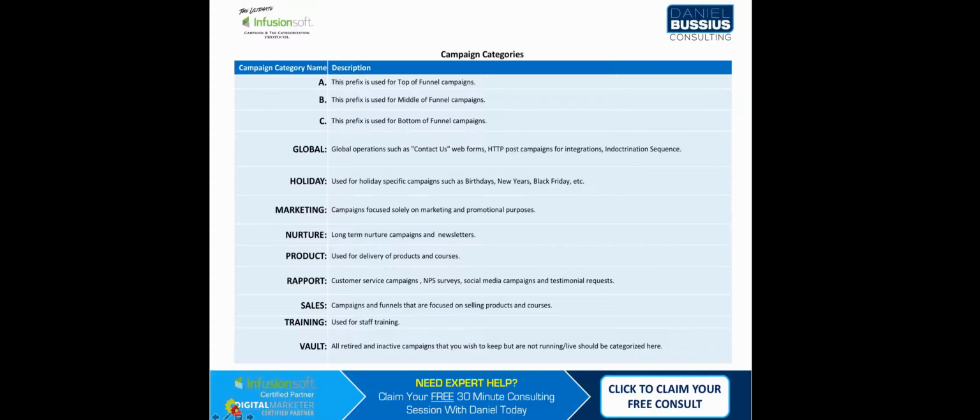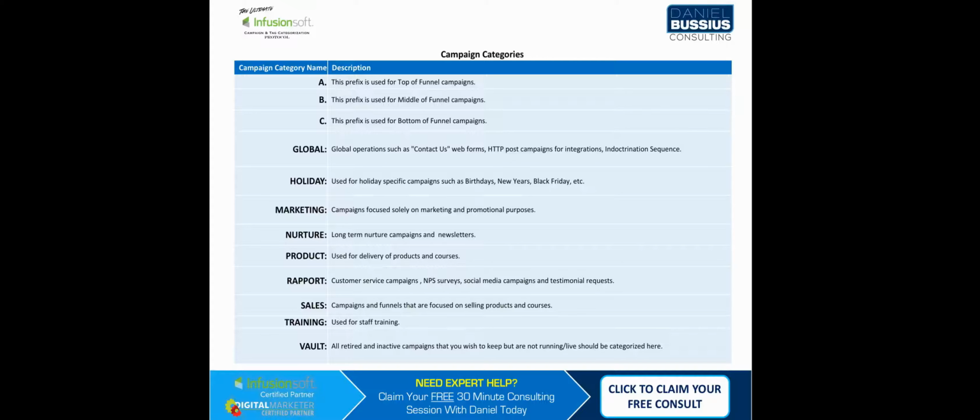So let's get to global. Global is a campaign category name that I want you to use for global operations in your application. A couple examples might be contact us web forms. If you've got your Infusionsoft web forms attached to your website for your contact us pages, for all intents and purposes, that can fall under the global category of your campaigns.